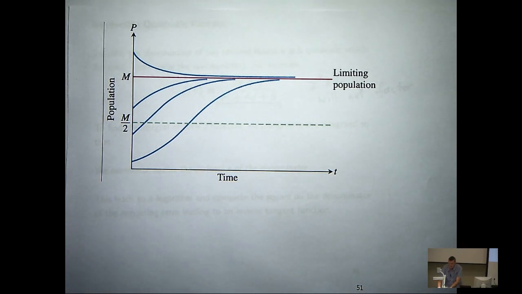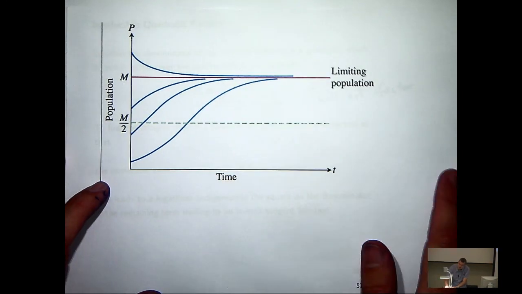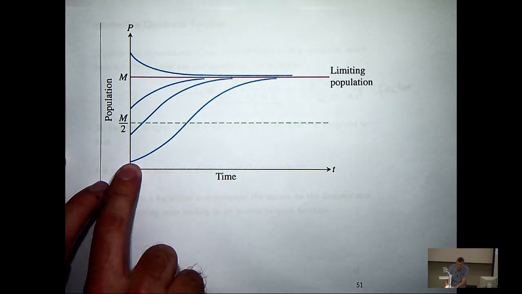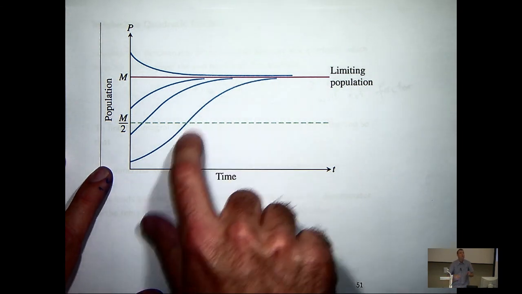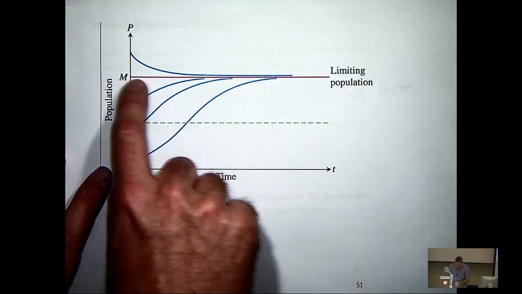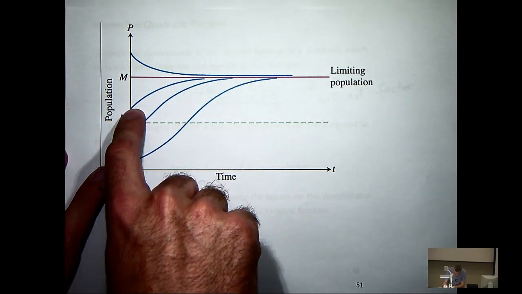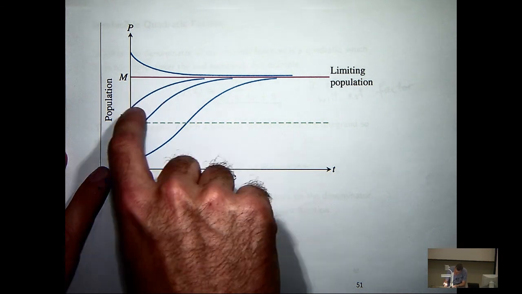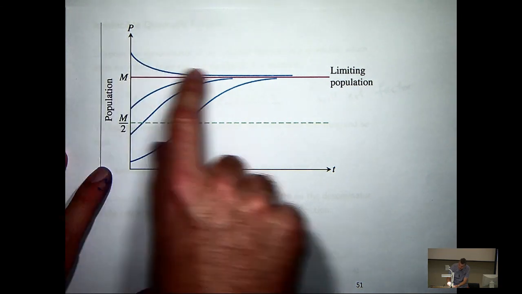Think of this as time and this as population. You can see if I have a low starting population, the population increases and then heads towards this limit m. If I have a higher population to start off, things don't increase quite as fast. If I have a very high population, things decrease.